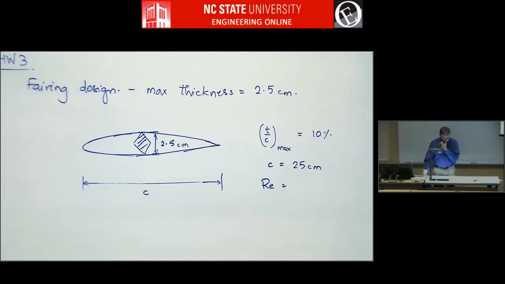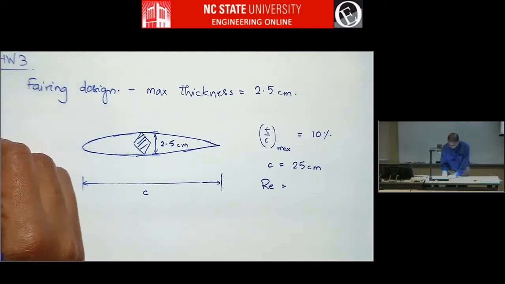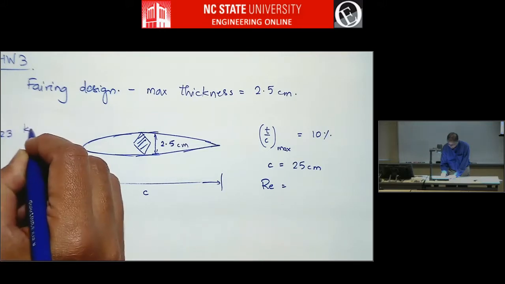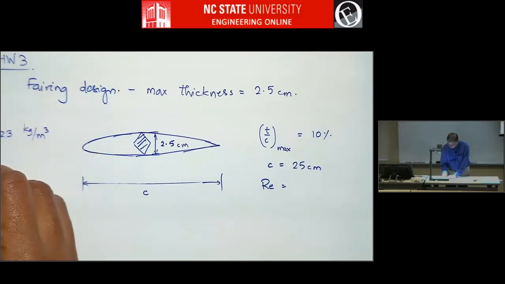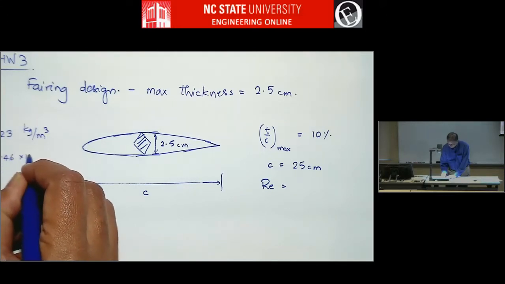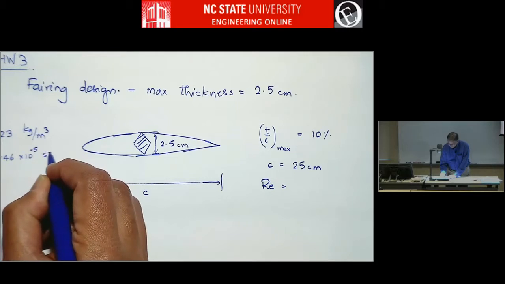Given that density is 1.23 kilogram per meter cubed, kinematic viscosity nu is 1.46 times 10 to the power minus 5 in SI units.